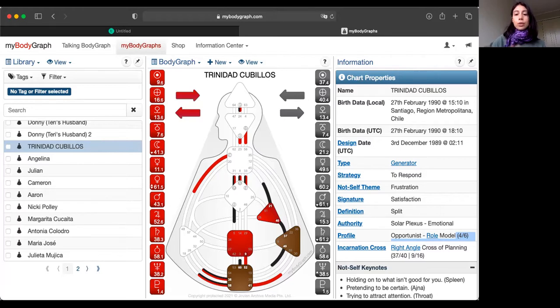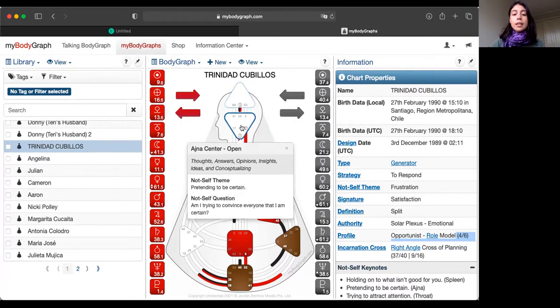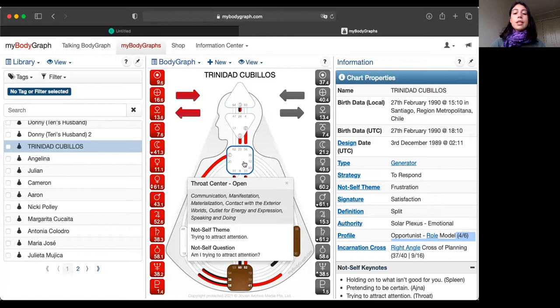So basically, when you see your chart, I think what's most evident is the 9 centers. So these triangles, squares, diamonds, they're called the centers. Okay. And each name appears here in my body graph. So that's a cool thing about my body graph, it says the head center, the ajna center, the throat center.